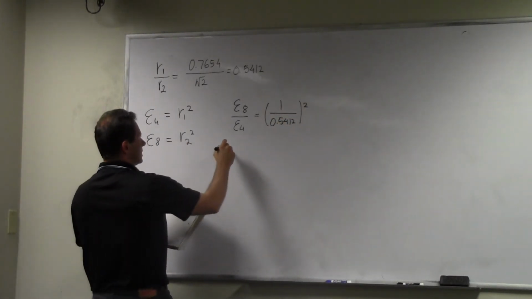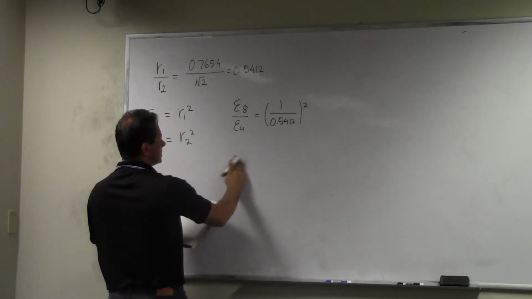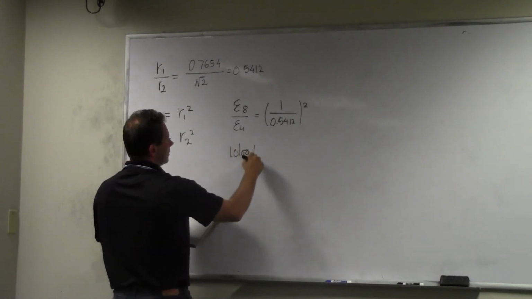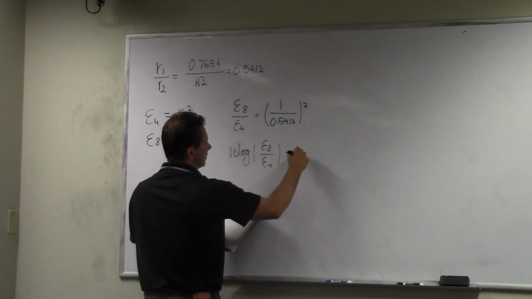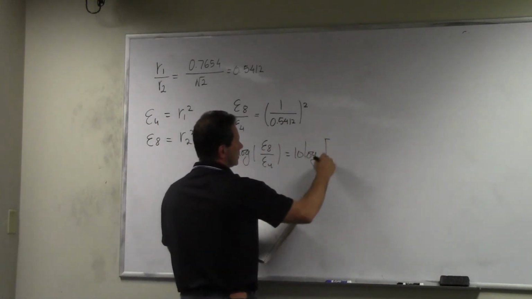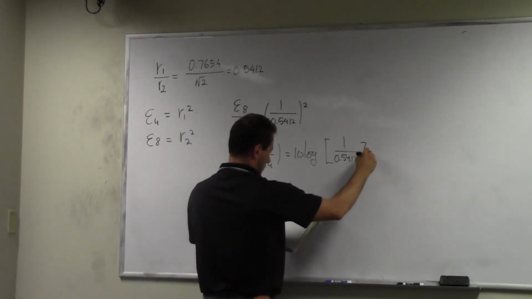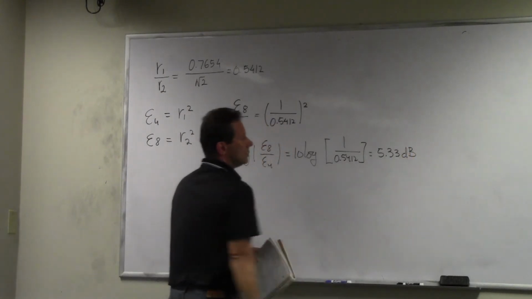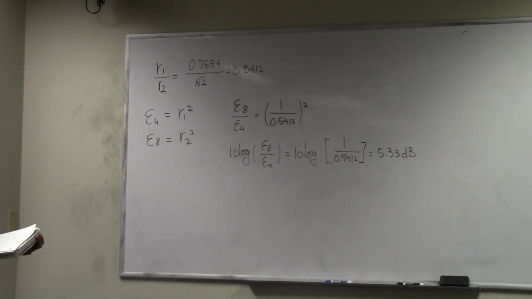Or if you want to express this in dBs, 10 log of E8 over E4 is going to be 10 log of 1 over 0.5412 squared, which ends up being 5.33 dB. So you need to increase the energy of the constellation by about 5 dB to maintain the same probability of error.